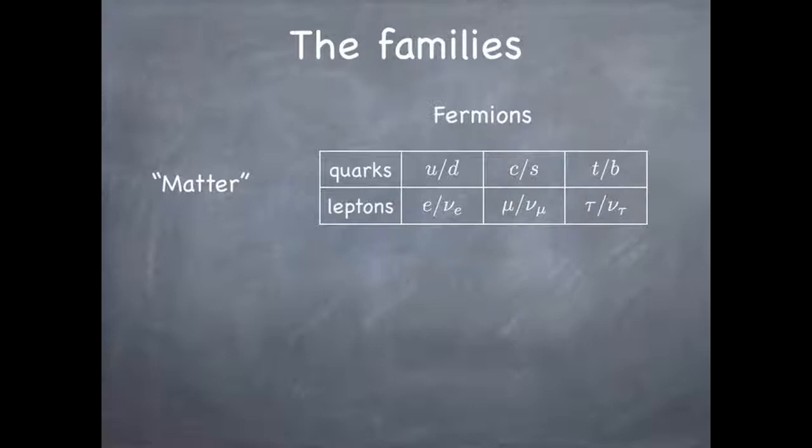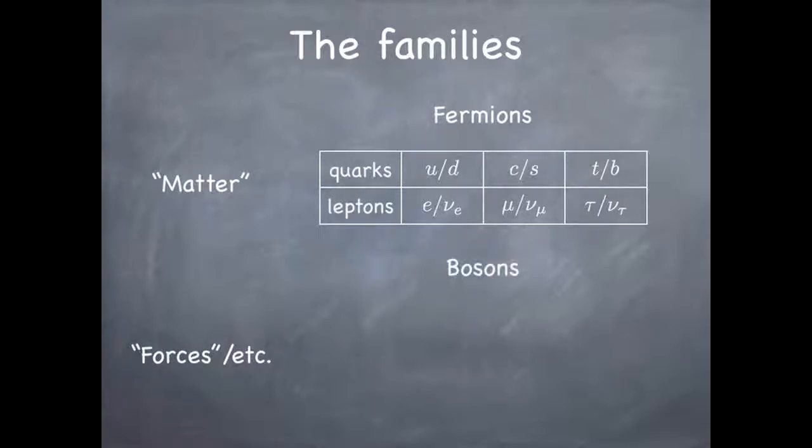So the leptons are relatively light particles with nearly massless partner particles. The electron has much, much greater mass than the electron neutrino. But having said that, the up and down quarks are even more massive than the leptons in the same column, I should say.